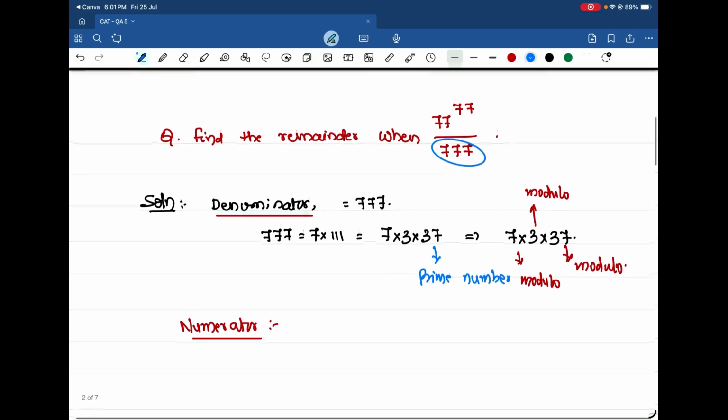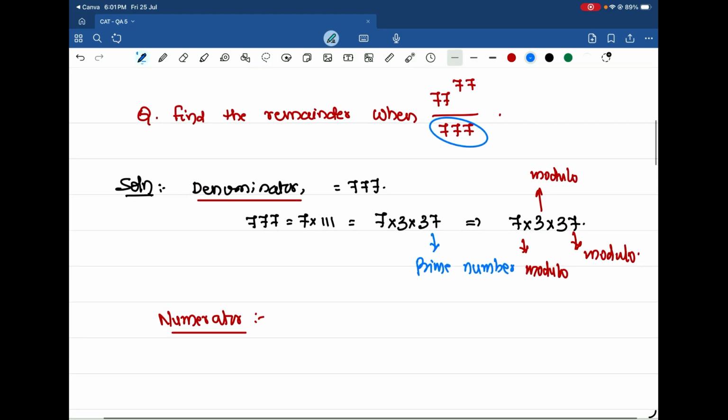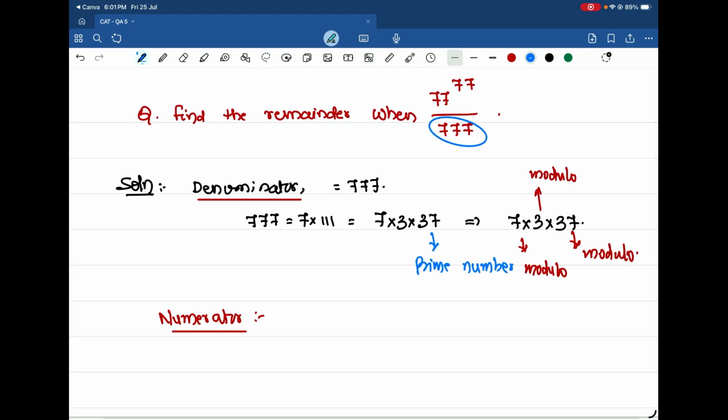Now, numerator, can we simplify? Numerator 77 to the power of 77. Let us keep it as it is, and it is to be divided by 777.